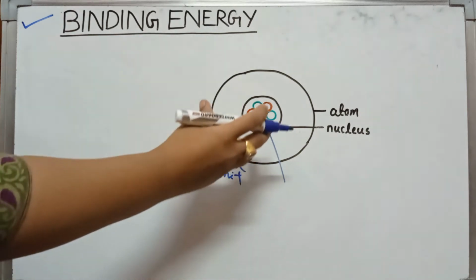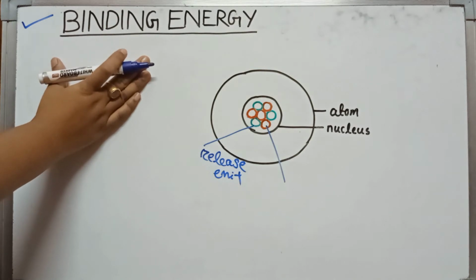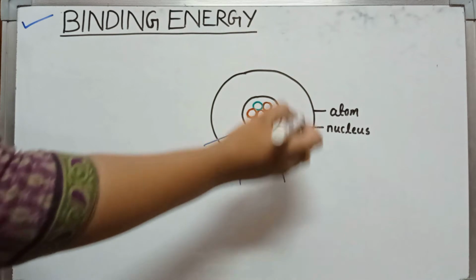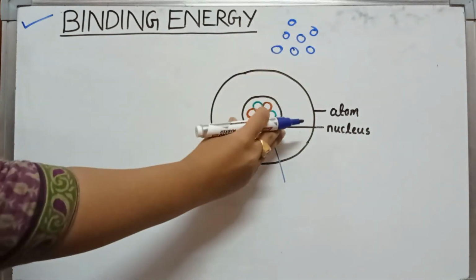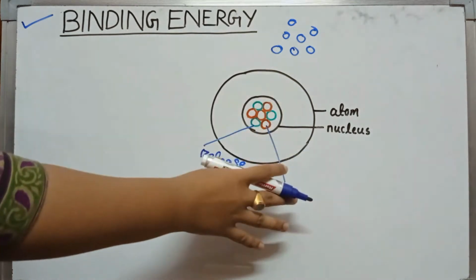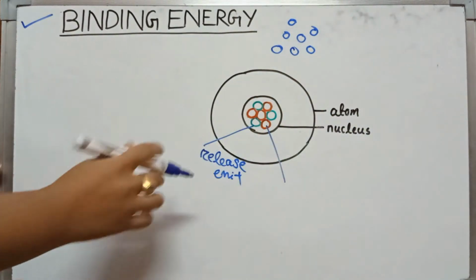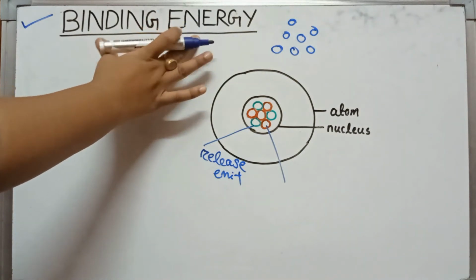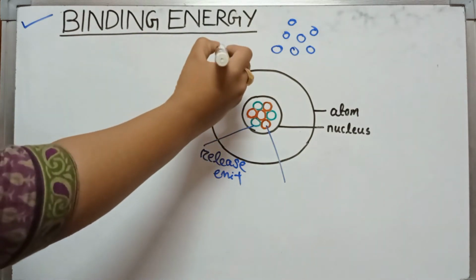That means by this amount of energy, the nucleus is split into a number of nucleons. That amount of energy is known as binding energy, and binding energy is different for different elements.